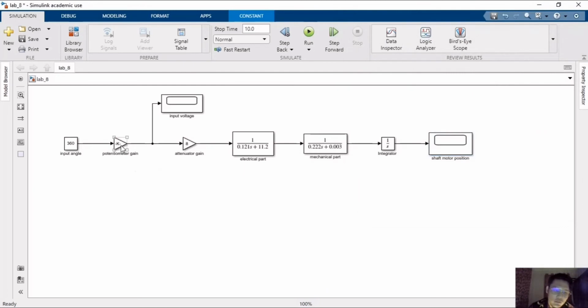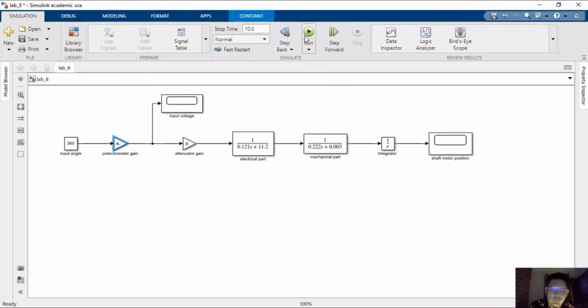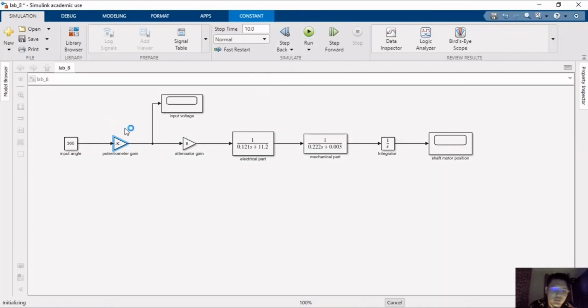And then the potentiometer changes direction, which is the anti-clockwise direction. Sorry. I run the simulation.